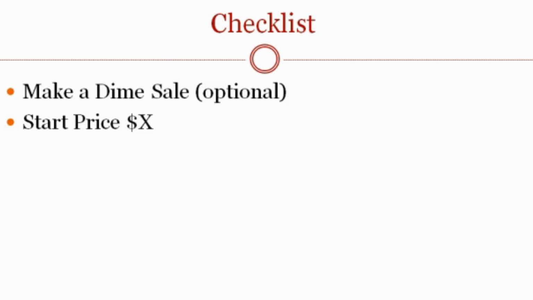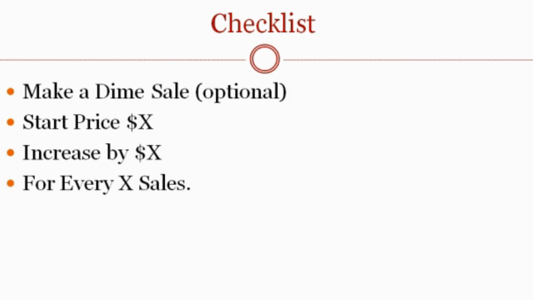So you're going to need to know the starting price, and how much it increases by for every sale. So if the start price is $1 and the end price is $50, I could do something like increase it 10 cents or even 5 cents for every 3 sales or for every 1 sale. And that's all you need to know.